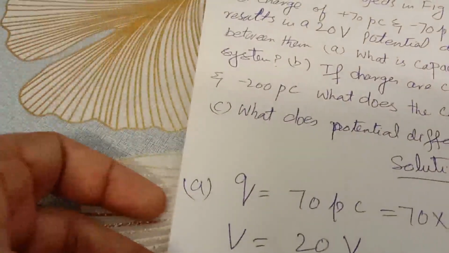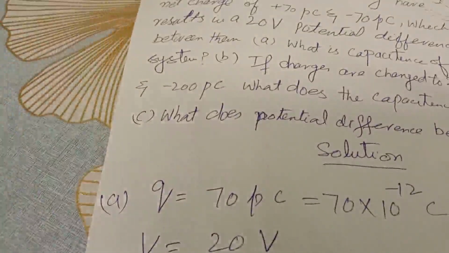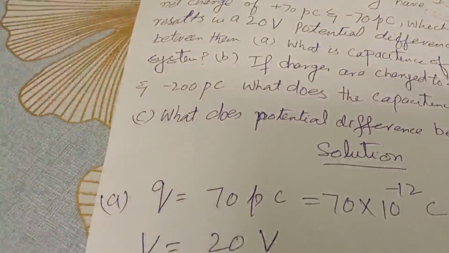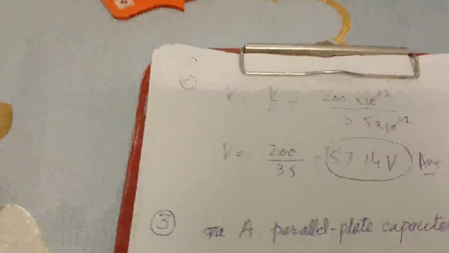Part C is, what does the potential difference become? The potential difference will change because Q is equal to CV. C remains constant and Q is changed, so V will obviously change. We check how much it will change.